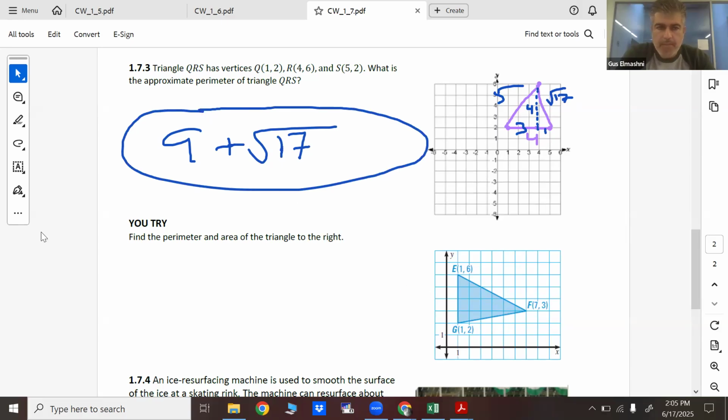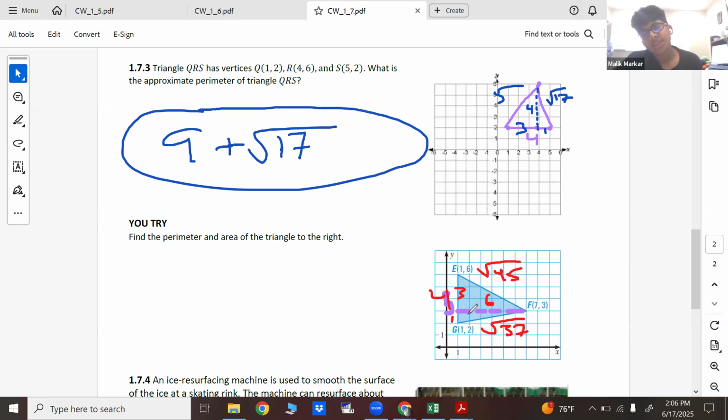And here, that's 4. So that's 3 and 1. And that's 6. So you get root 37 and root 45, I think.